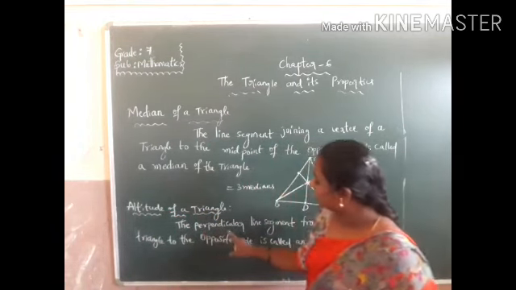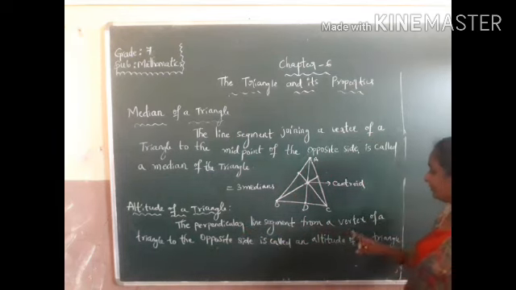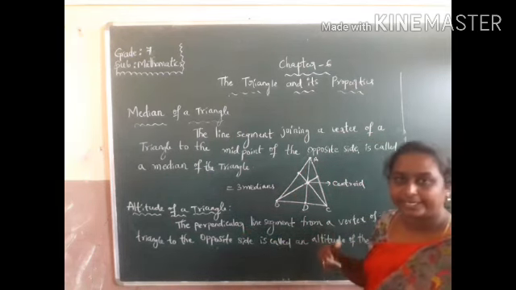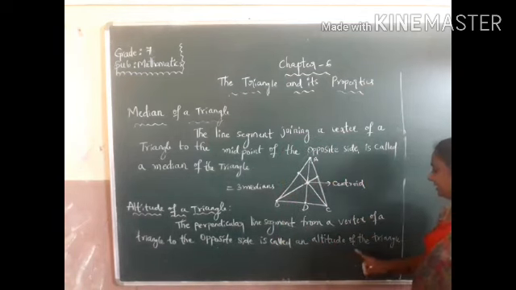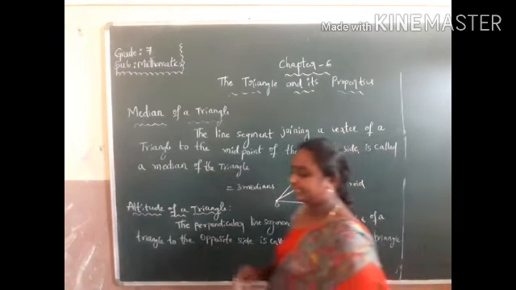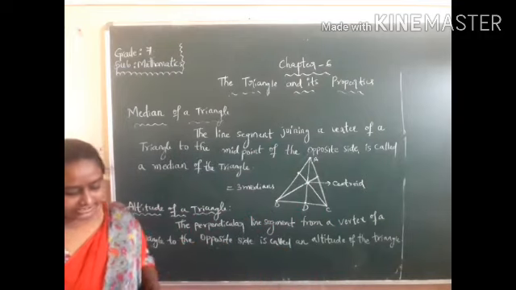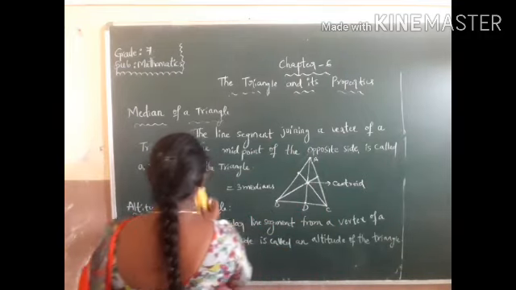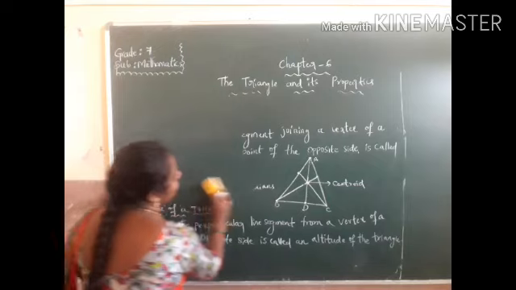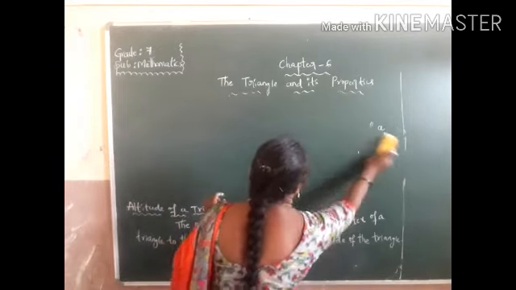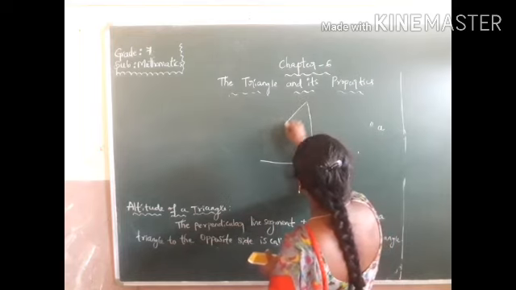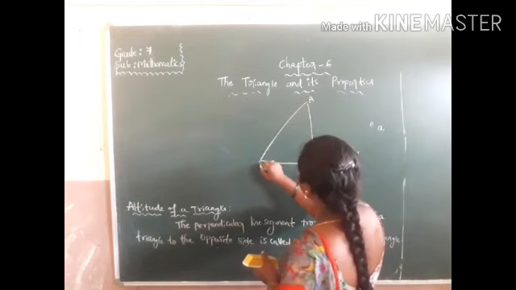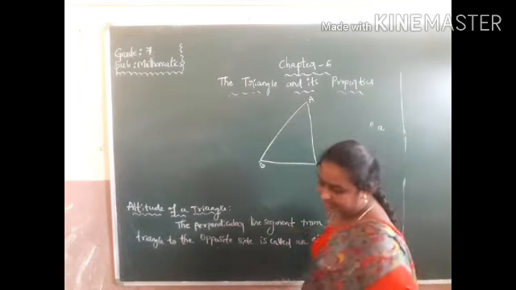So look here, the perpendicular line segment from a vertex of a triangle to the opposite side is called an altitude of the triangle. Let me check that one. Draw first one triangle. So it is triangle ABC.